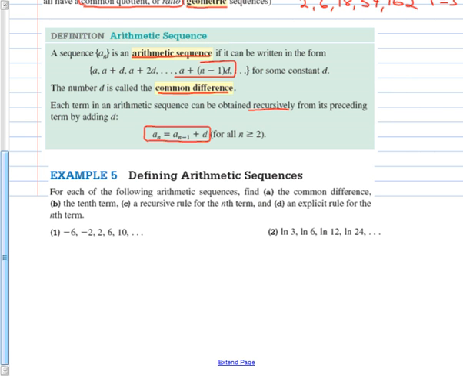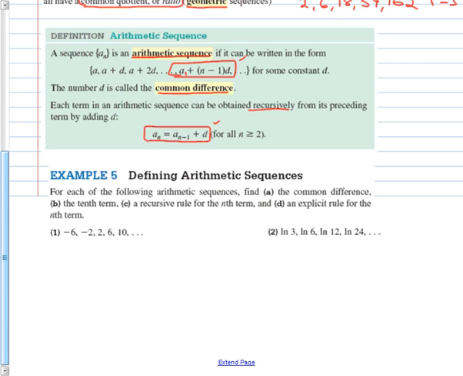They've hidden it right there. I'm going to call that a sub 1. You need to know those 2 formulas. The recursive one is really easy, because what does arithmetic mean? I'm just adding the same thing to the previous term. Previous term plus my difference. The explicit formula, the one that tells exactly what it is: a sub 1 plus n minus 1 times d. So know how to write these 2.